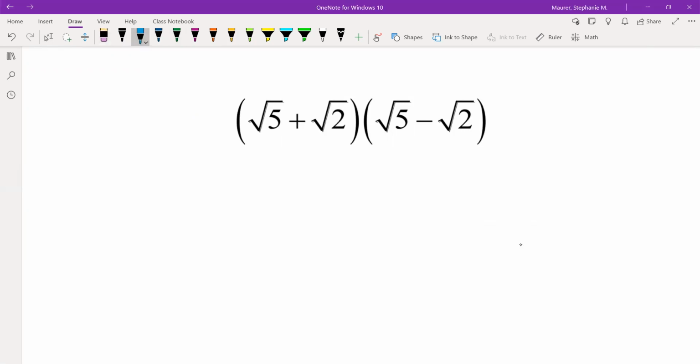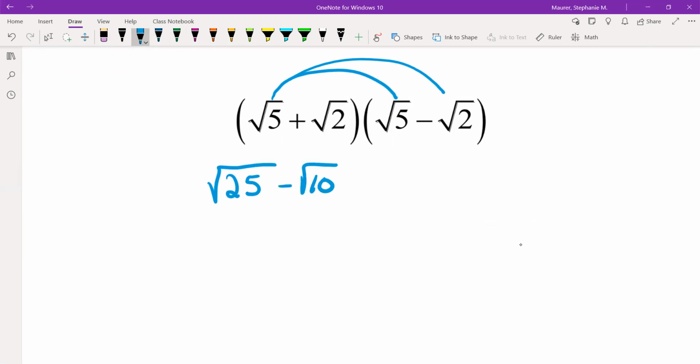So when I start multiplying this first, that's going to give us the square root of 25. Outside, that's minus square root of 10. Inside, plus square root of 10. And then last, that's going to give us a minus square root of 4.